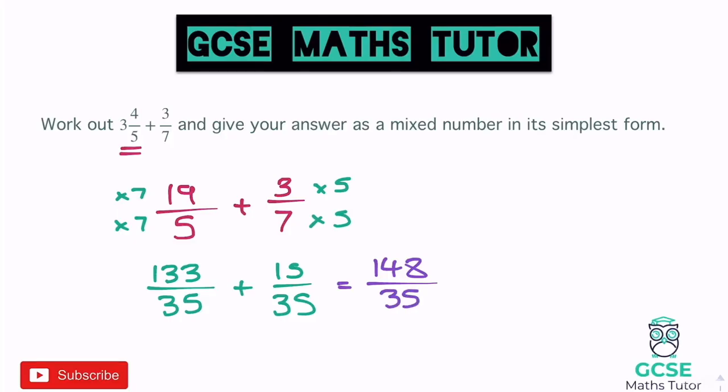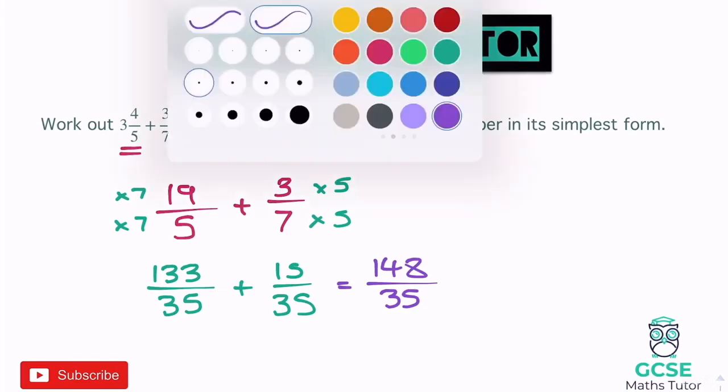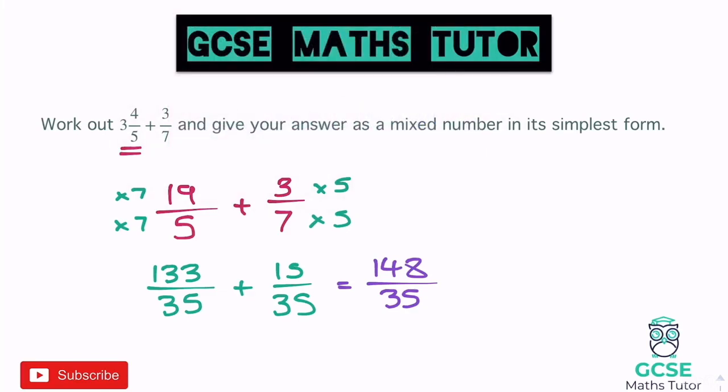Now obviously it says here to give your answer as a mixed number in its simplest form. So it's up to you whether you try and simplify this first or turn it into a mixed number first, but we need to turn it back into a mixed number. So to do that I need to know how many times does 35 go into 148. That's not the nicest, so I'm just going to write down a few of the 35 times table.